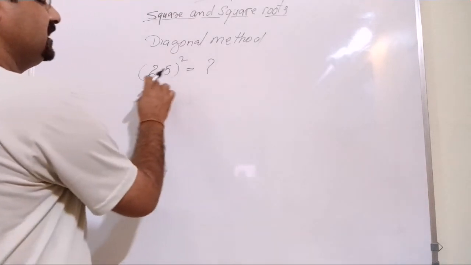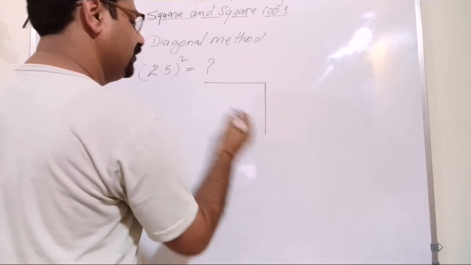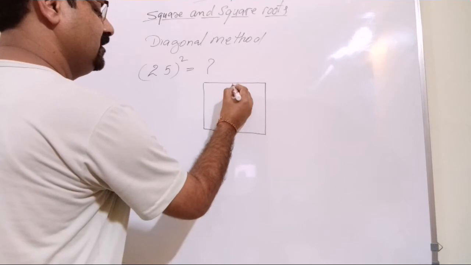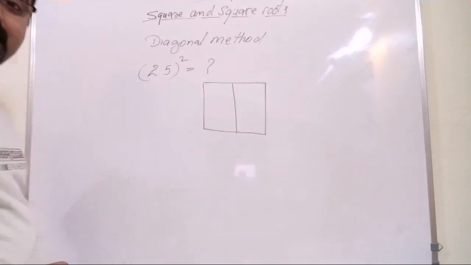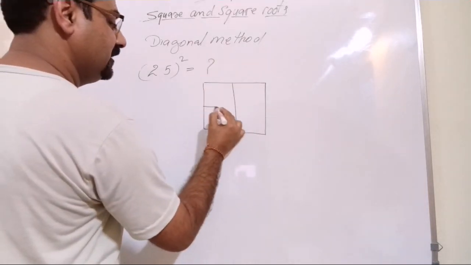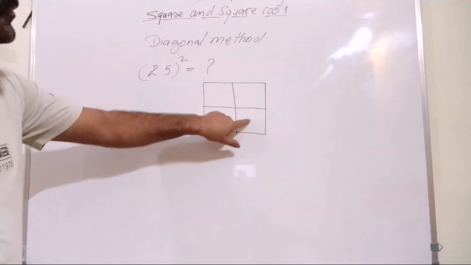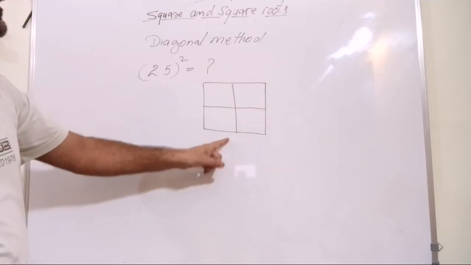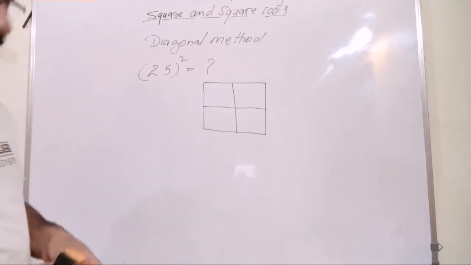How to calculate the square of 25? First we see we have a 2 digit number, so we have to make a square with 2 vertical boxes. We divide the square by a vertical line and a horizontal line, and we get 4 squares.